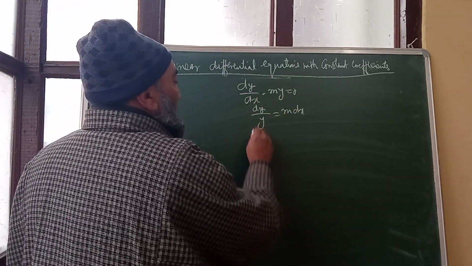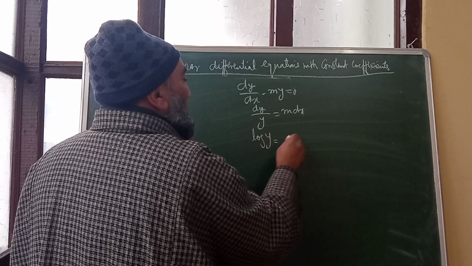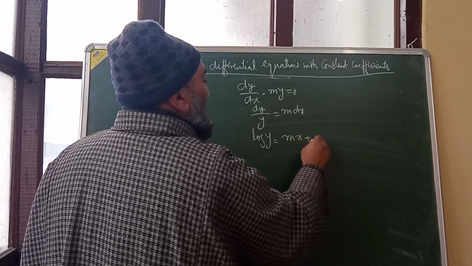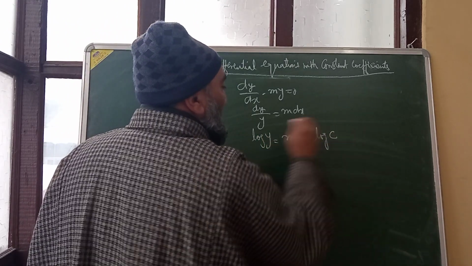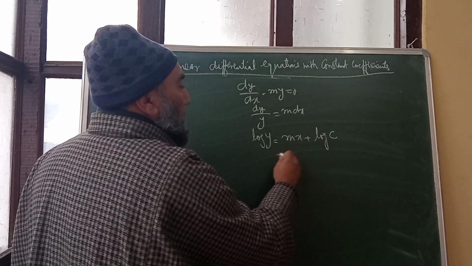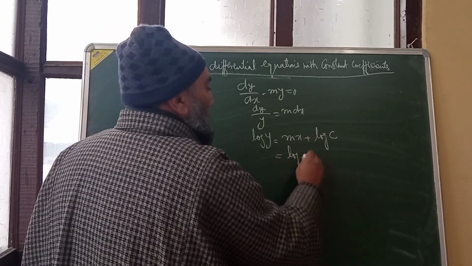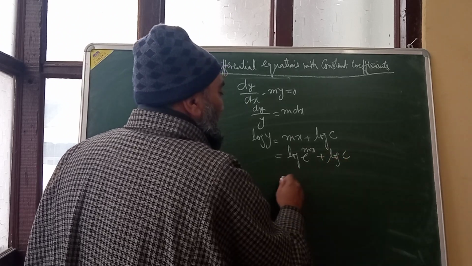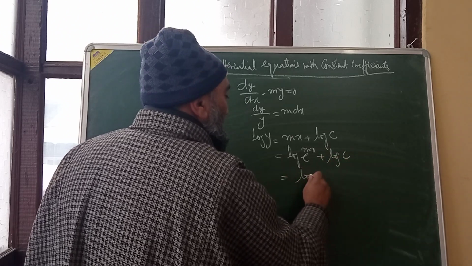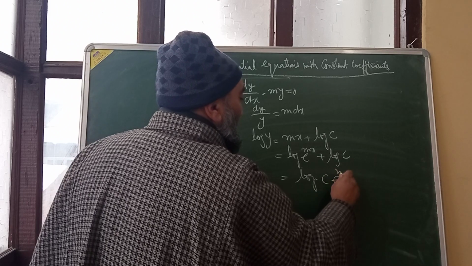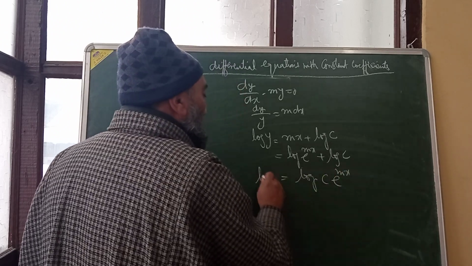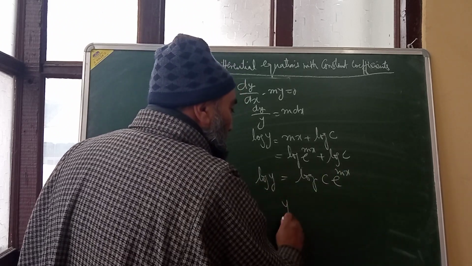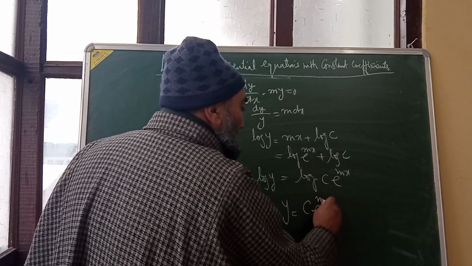Integrate it: log y equals mx plus some constant of integration, say log c, or this is log e to the power mx plus log c. This is log m plus log n, so this is log mn, so log y equals log of c e to the power mx. So what is y? It is c e to the power mx.